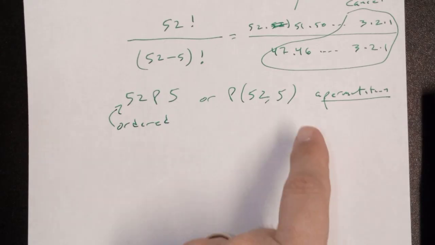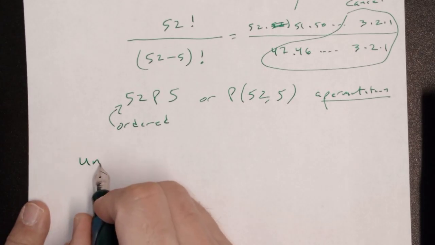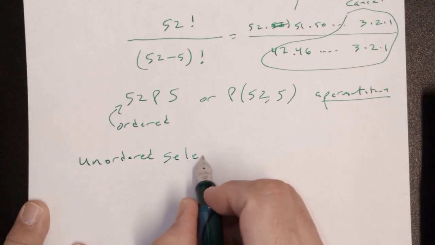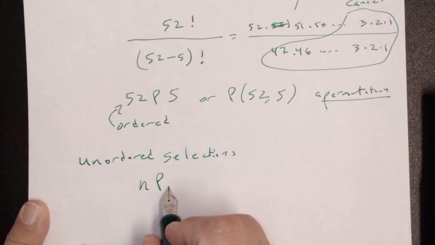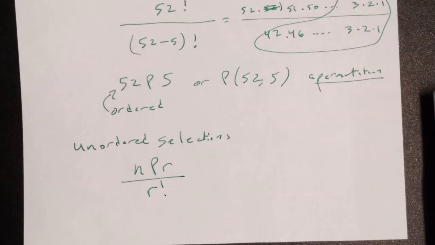120. So really, I want to take this number that we got and divide it by 120 because each of those 120 different orderings would be counted once instead of counting them all 120 different times, right? Unordered selections would be nPr divided by r factorial.